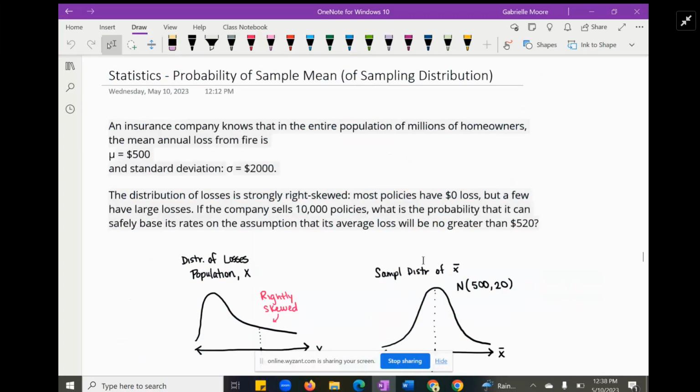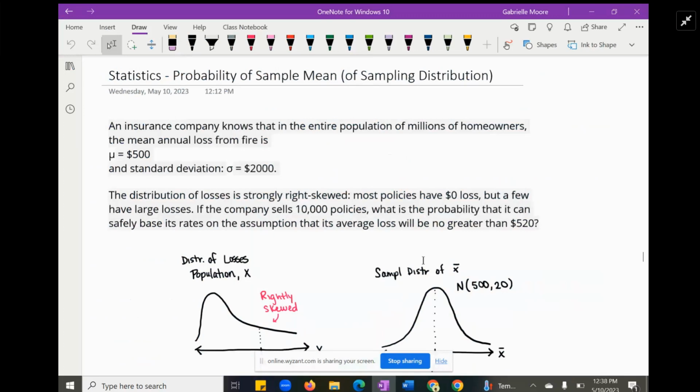So we're given here an insurance company knows that in the entire population of millions of homeowners, we're going to say in the US, the mean annual loss from a fire accident, the mean is $500 and the standard deviation is $2,000. Now the distribution of losses, which is the population at hand, we're told is strongly right-skewed.